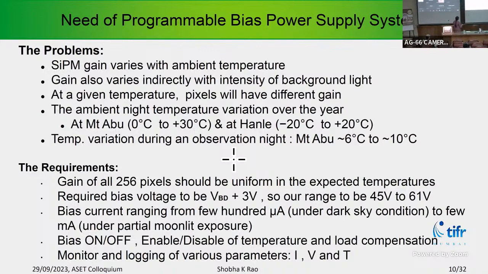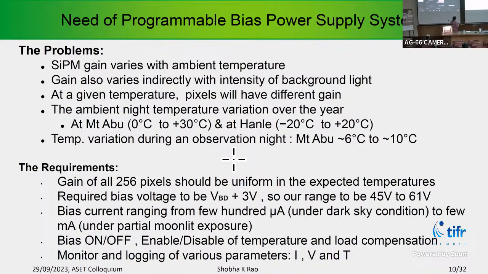And another feature is, we have 256 pixels, but in the field of view there could be a small bright star or something coming and falling on one of the pixels, and the current at that pixel could be beyond our control, and we may have to switch off those pixels.